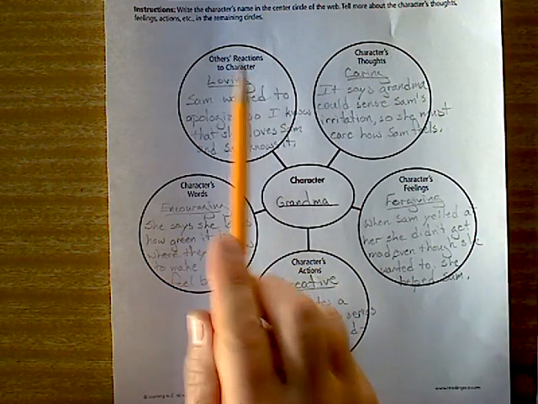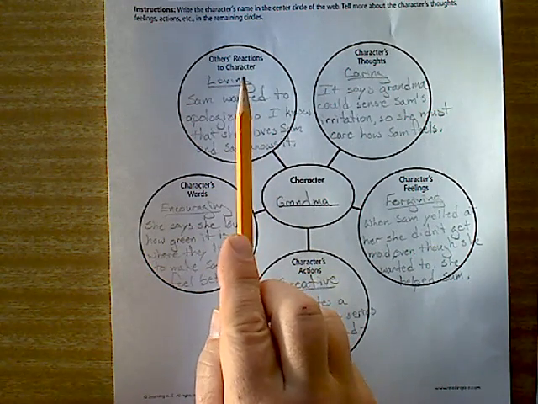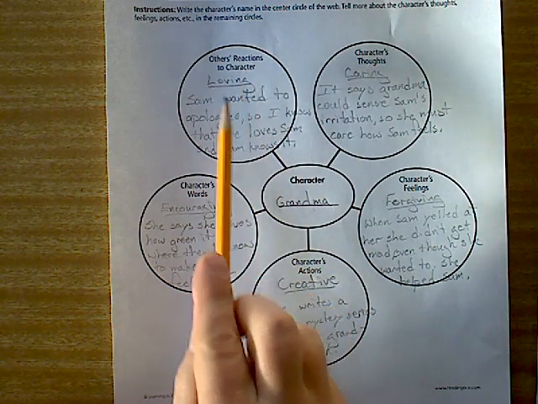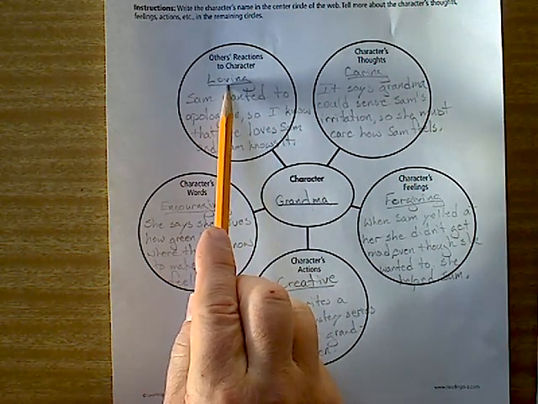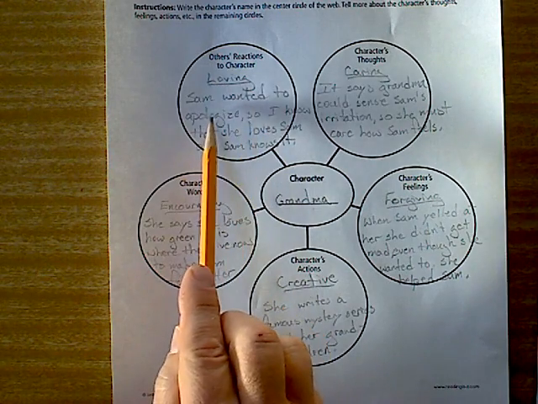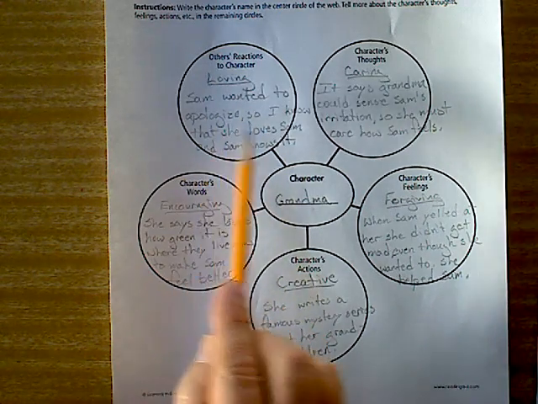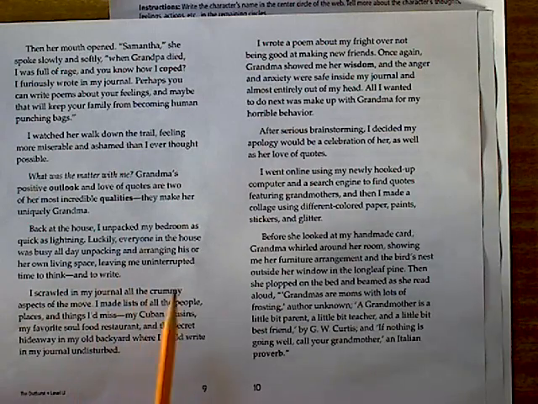Okay. And then the last one is others' reactions to the character. So, how do other people react to her? Well, I'm going to say that Grandma is loving because Sam wanted to apologize. So I know that she loves Sam and Sam knows it. So after Sam does all of that, it says, let's see, where is it?